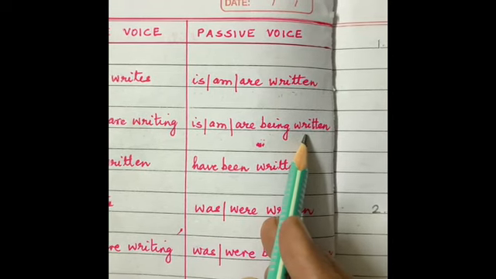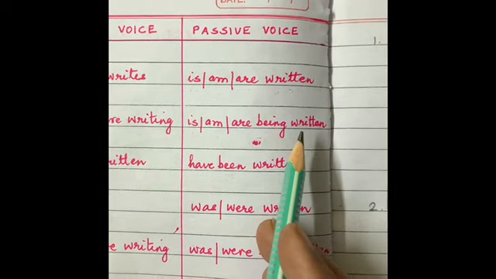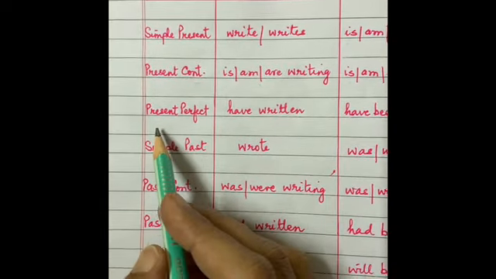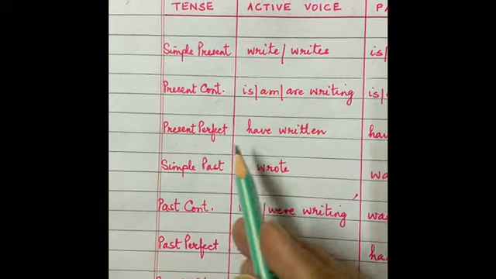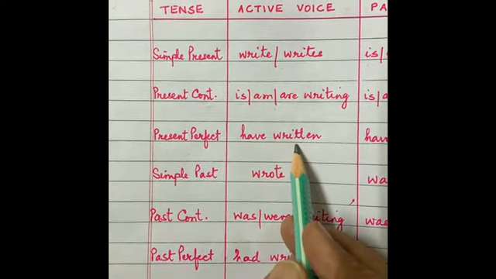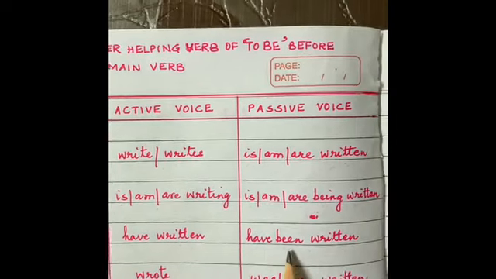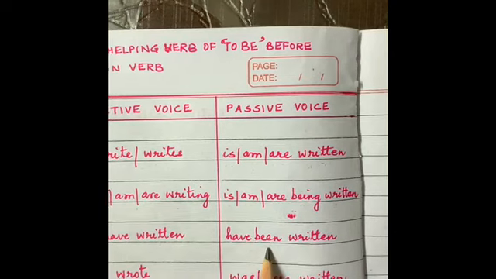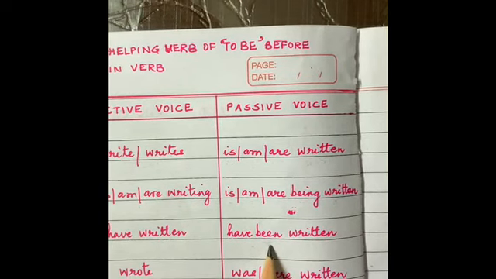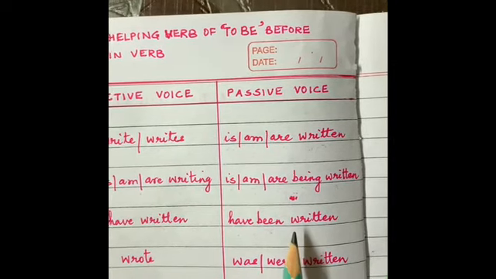This written is the third form of the verb. Now for present perfect tense, in active voice we use have written. While in passive voice, we add the helping verb been between have and written.